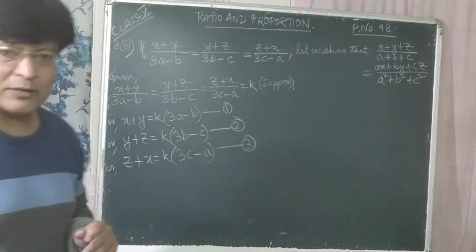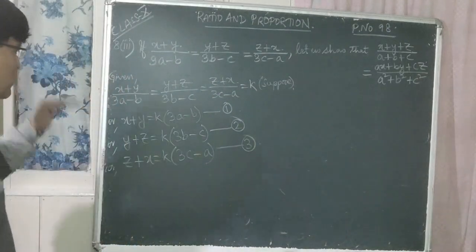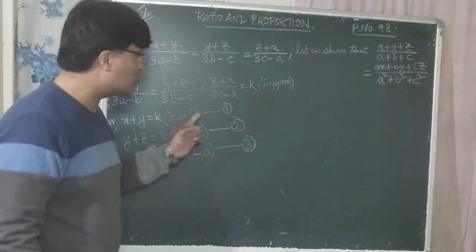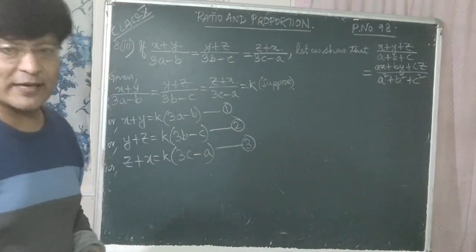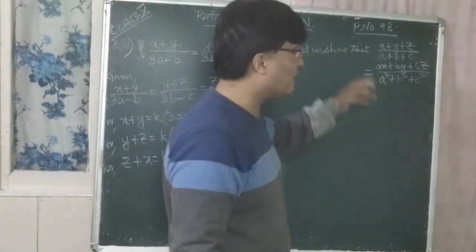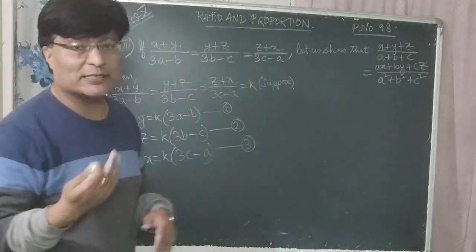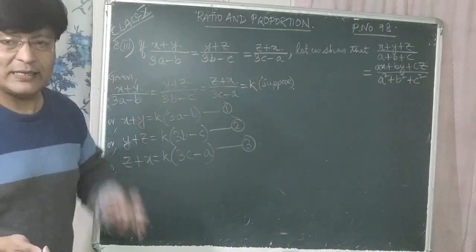Is that clear now? So what will you do with this 1, 2 and 3? Let us add them, because we are simplifying it. You have to get the values of both the left hand side and the right hand side, and they should be equal.